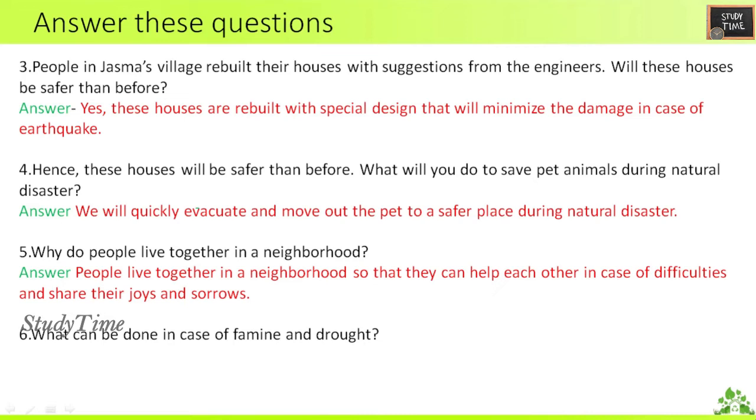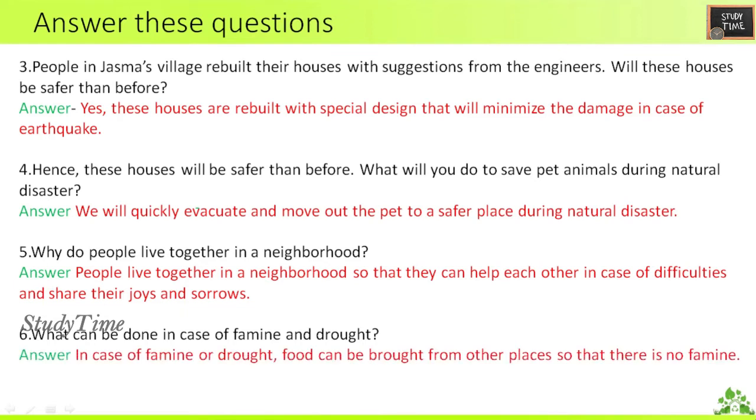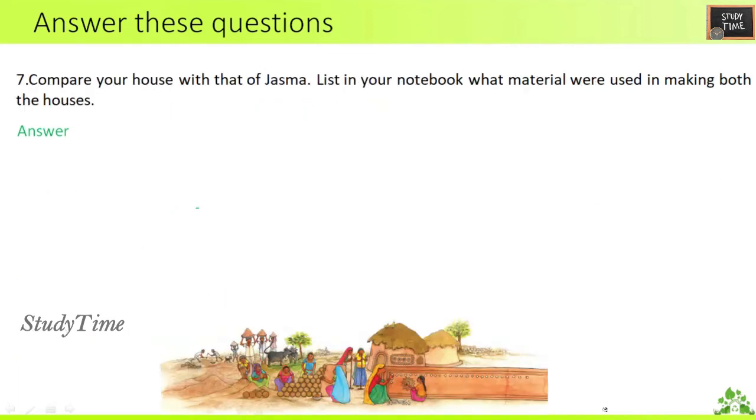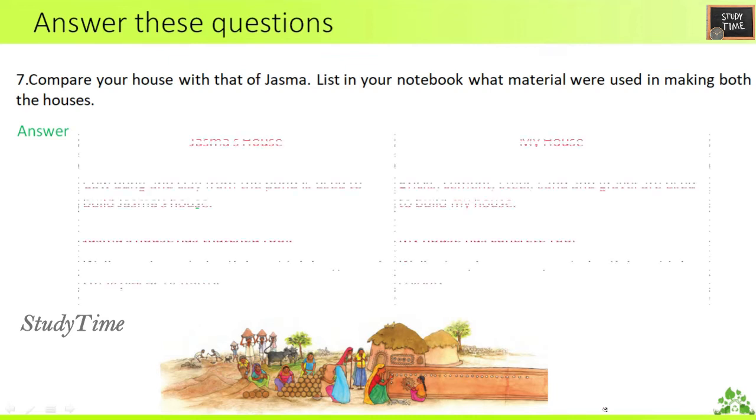Sixth question, what can be done in case of famine and drought? In those situations, food can be brought from other places so that there is no famine. Even water can also be brought, food and water. Next, compare your house with that of Jasma. List in your notebook what material is used in both the houses.